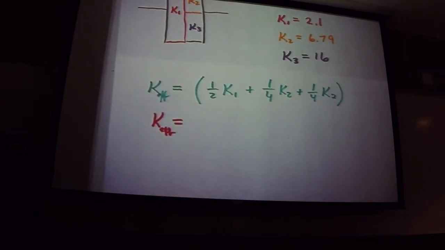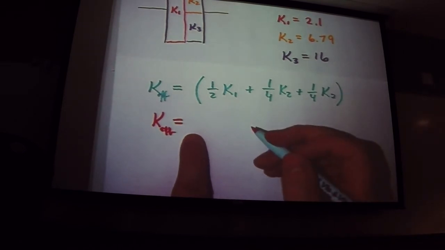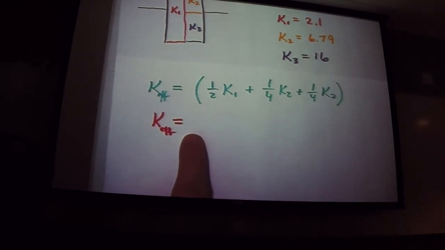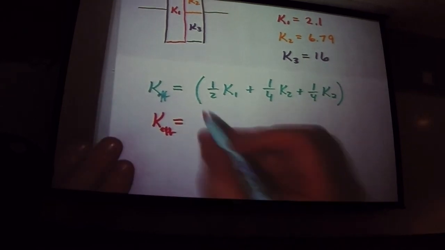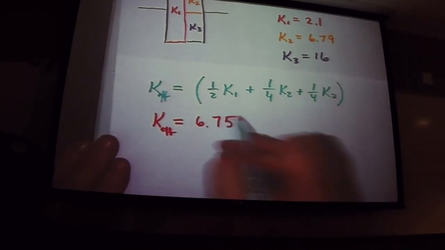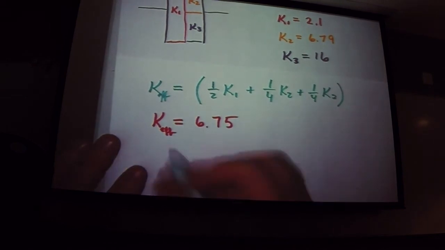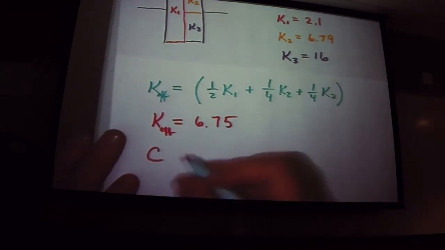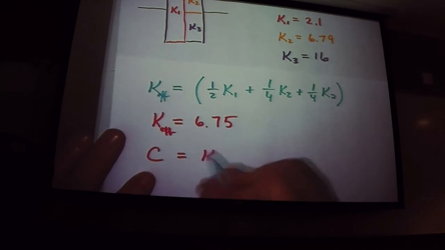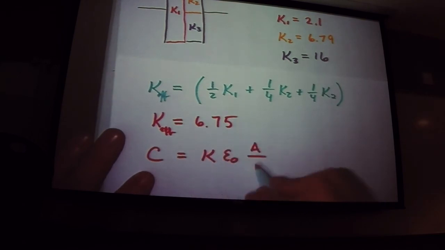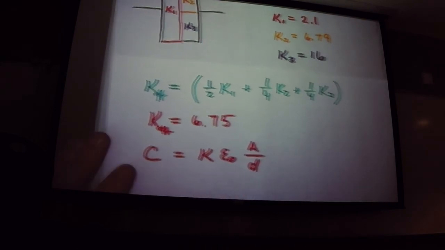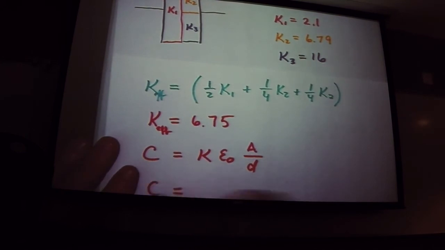Do you have the final answer for kappa? I believe it should be 6.75. Okay, so then what we'd do is we'd say that the capacitance is equal to kappa epsilon naught A over D. Kappa is 6.75.